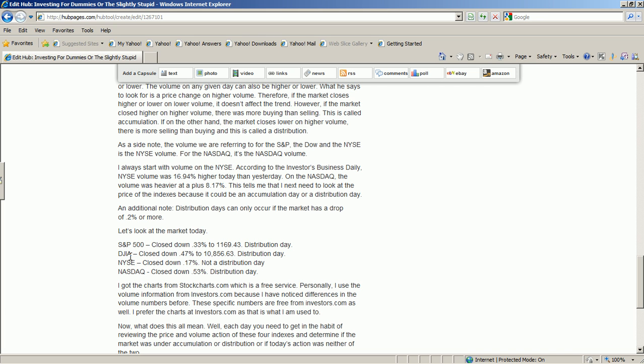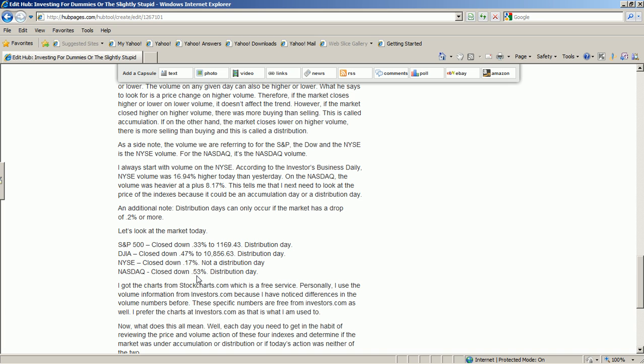Because the market closed lower on higher volume, these indexes realized what's called a distribution day, which means more people were selling than buying. The only exchange that didn't have a distribution day was the New York Stock Exchange, because it closed down less than 0.2%, and that's a rule he set up to determine whether it's a distribution day.